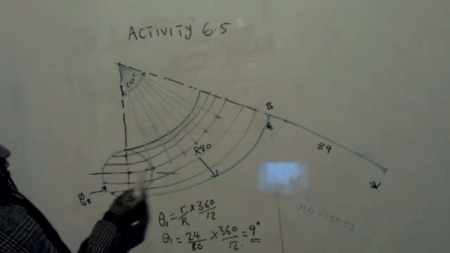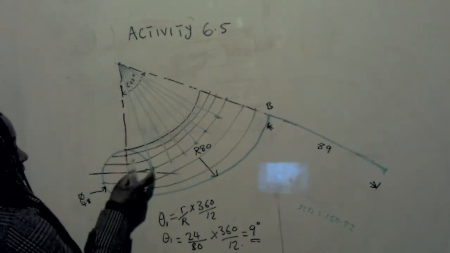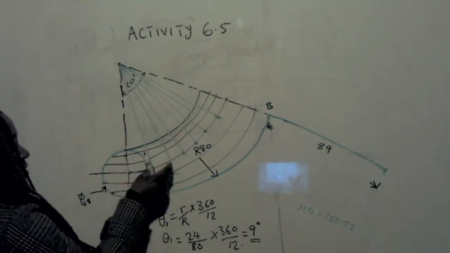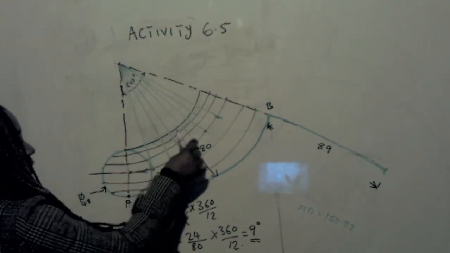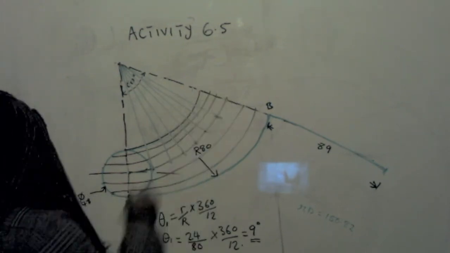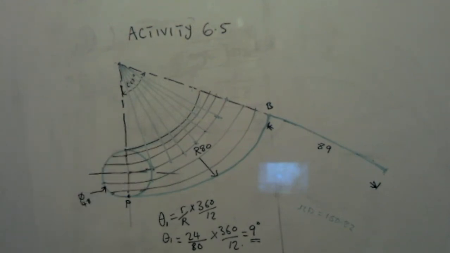So you only measure this angle first with a protractor from here to there, 9 degrees. Then take a compass from here to here, then start marking here. You mark until there. At that point, you're supposed to draw a circle because it's changing the motion.